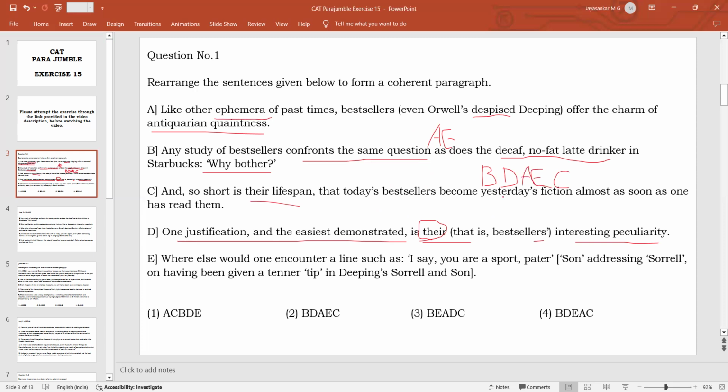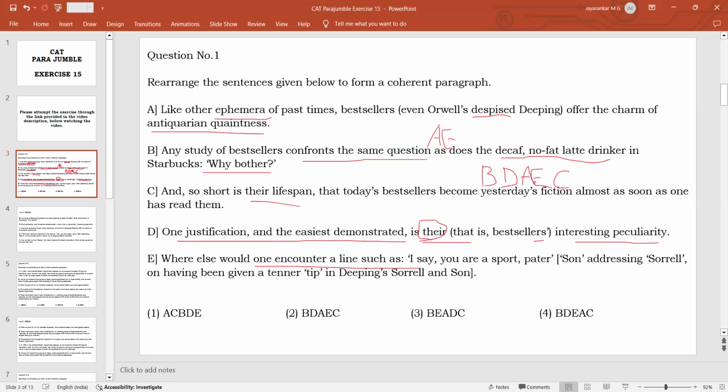So the sequence becomes BDAEC. In B, we talk about why we bother to read bestsellers. The answer, one justification, is there: peculiarity. What peculiarity? Even Orwell's despised DP have an old world charm, and you get lines like this, which normally we do not get in any other books.